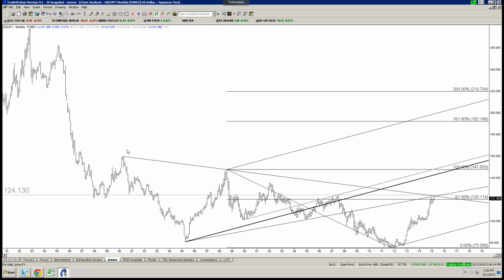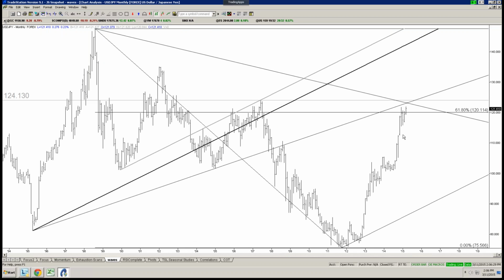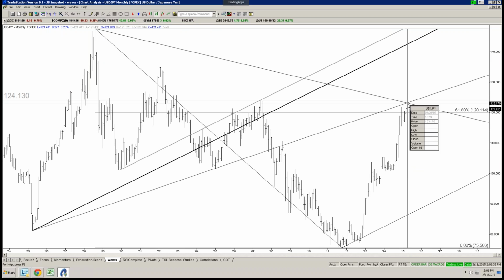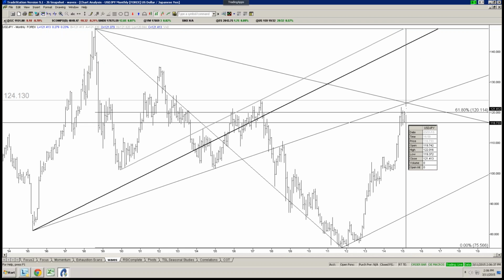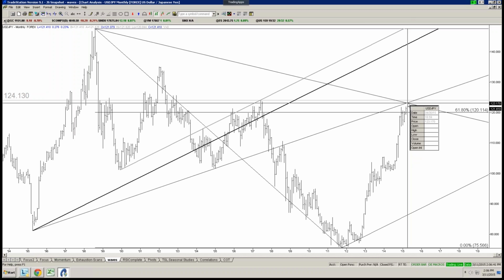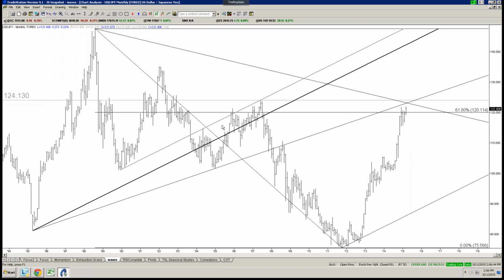This is 1990, this is 1998, this is 1995, 2005. You can see that those two meet. There's a confluence in April, so next month, at 123.20. So that's where that comes from.